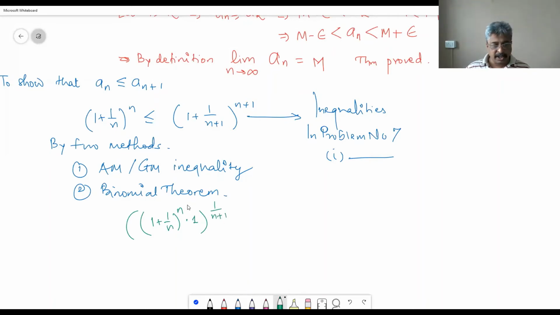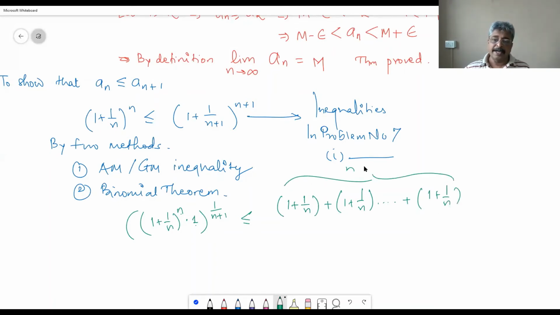This is the geometric mean of n plus 1 objects, which is going to be less than or equal to the arithmetic mean: 1 plus 1 upon n, n times, plus 1, divided by n plus 1.